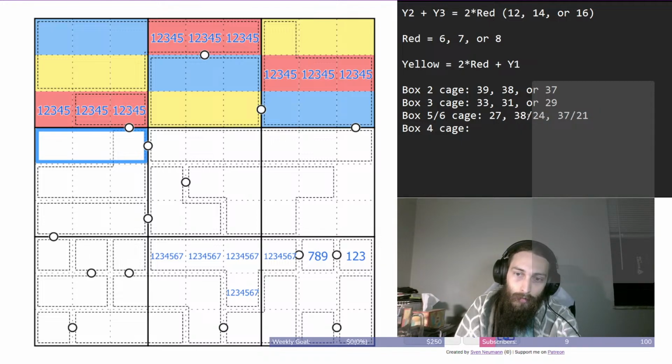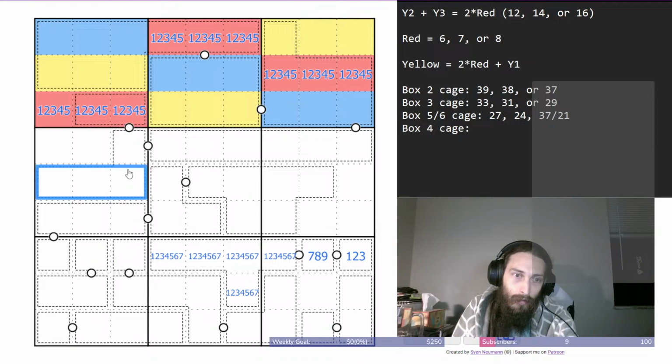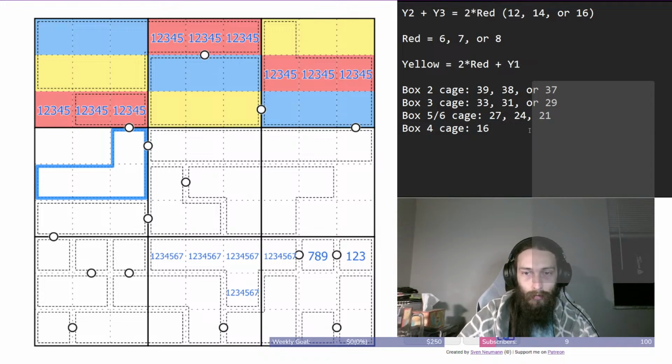You couldn't do 38 minus 7, but you could do 37 minus 8. However, this is maximum 7, which means that this 7 plus 8, this is maximum 16. If it's maximum 16.